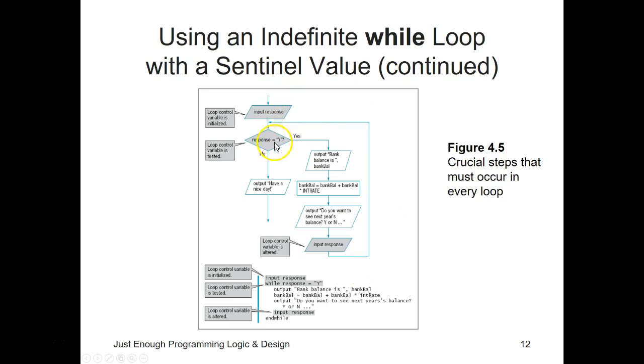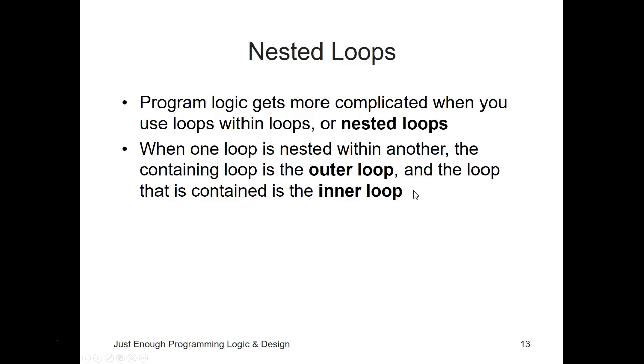It comes back up and runs. And if I don't alter that, is that original yes ever going to change? And so we end up with what's called an infinite loop. So in other words, this program runs and runs and runs. There's no way for it to end. And we don't want that. We want to be able to get out of our loop.